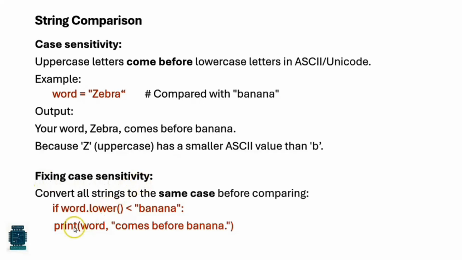Fixing case sensitivity. You have to convert all strings to the same case before comparing. If word dot lower is less than banana, it means I am converting that Zebra to lowercase. Print word comes before banana. Here I am converting the word to lowercase before comparing, and again I am printing the statement.